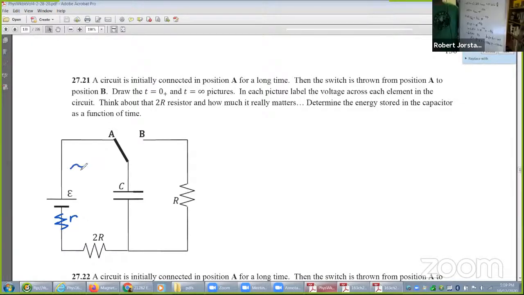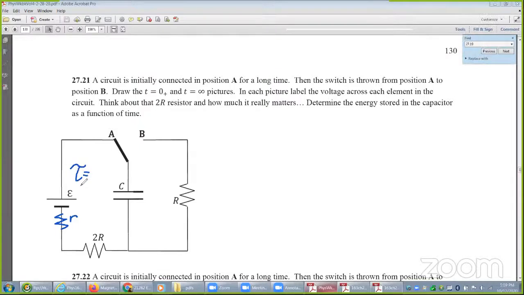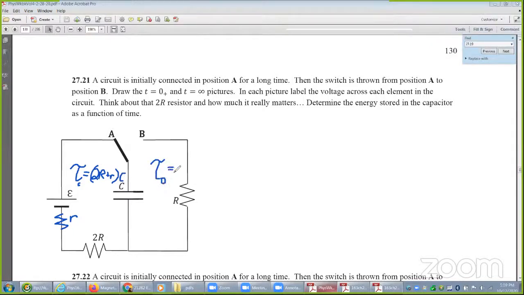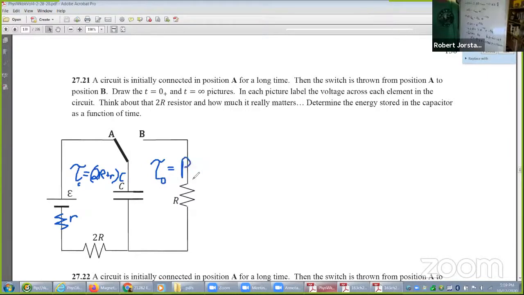So tell me, what's tau while you're charging? 2R plus little r, C. That would be the charging time constant. And what's tau while you're discharging? Just RC. Exactly. And so we see that it depends on the circuit, Alexis.